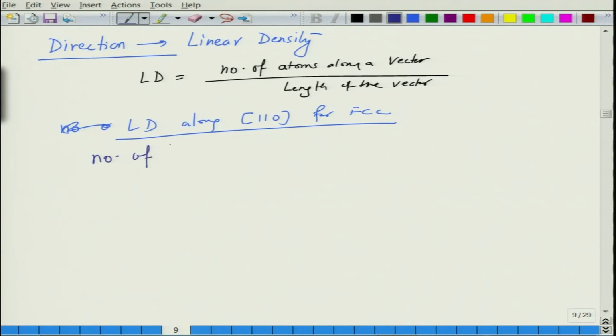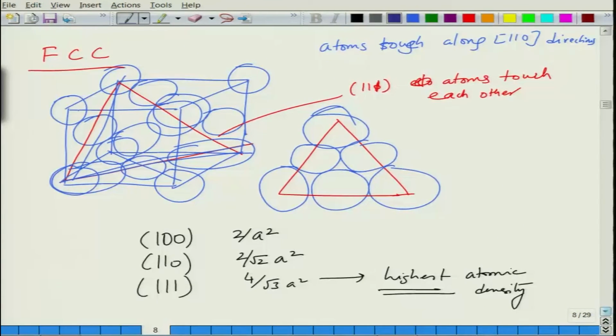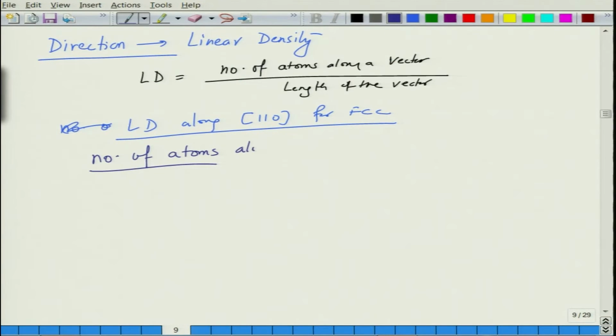So, for FCC we know that, if you go to previous picture, this is the direction 110. So, if you take along this AB, along AB number of atoms is equal to you can say 2, right, and length along AB is equal to 4 r or a root 2.